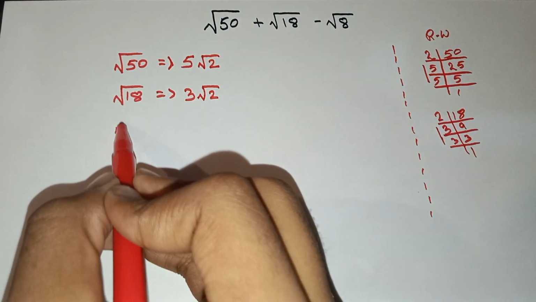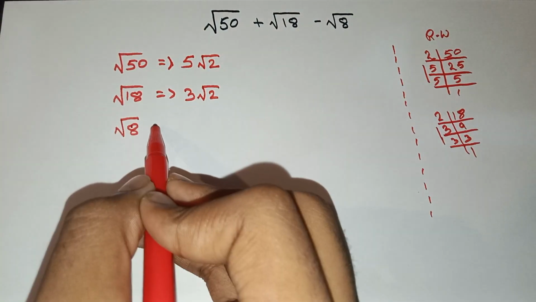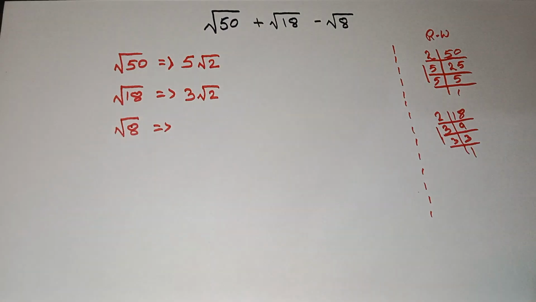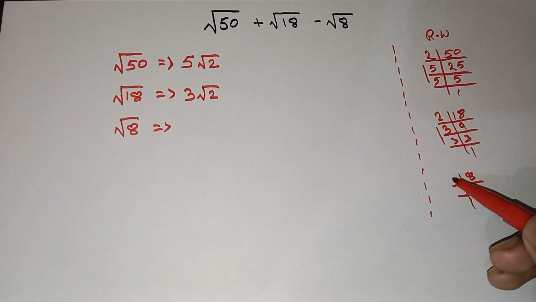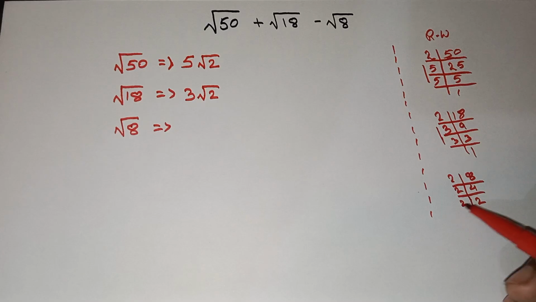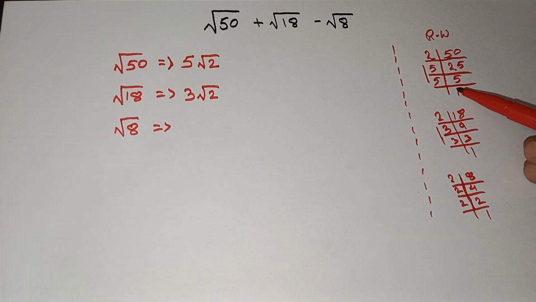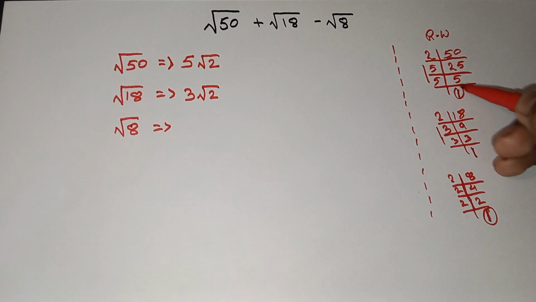Now comes the last one, square root of 8. We will take the LCM of 8. 2 4s are 8, 2 2s are 4, and 2 1s are 2 in the end. Always remember that in LCM, 1 should be in the remainder. This 1 should always be there.